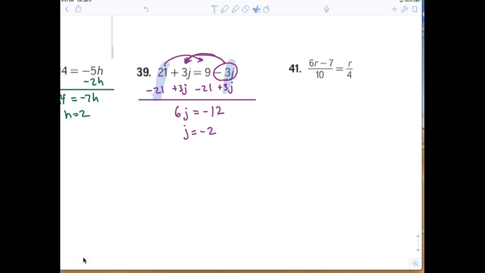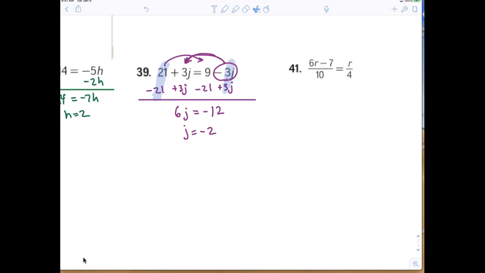All that work I have on the board, this is what you have down. You're not doing any work. You're just sitting here writing down the answers. You're supposed to be doing 41 right now.